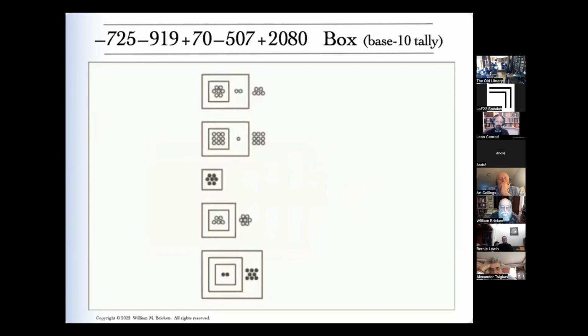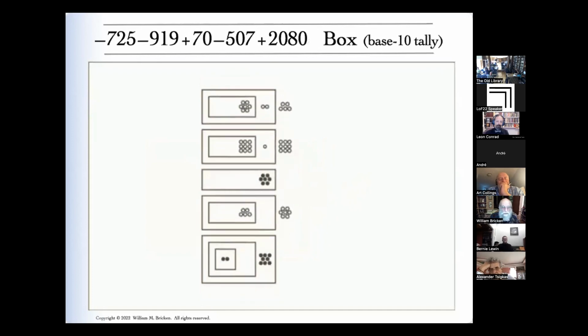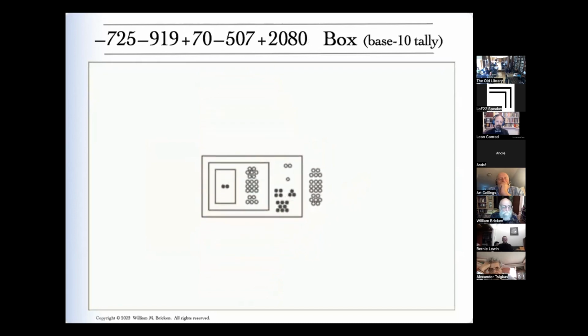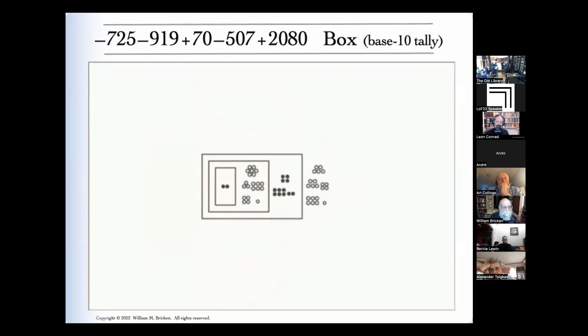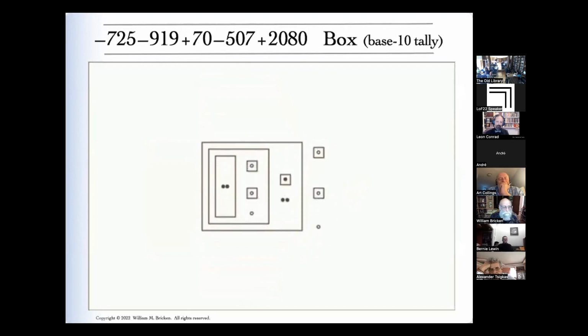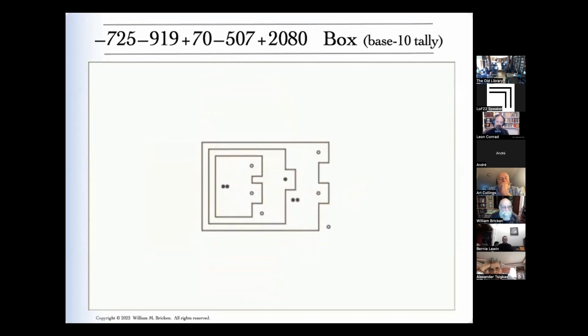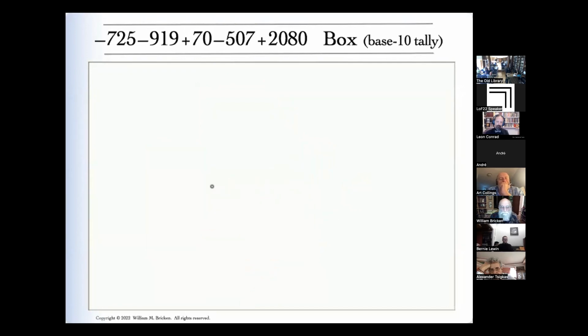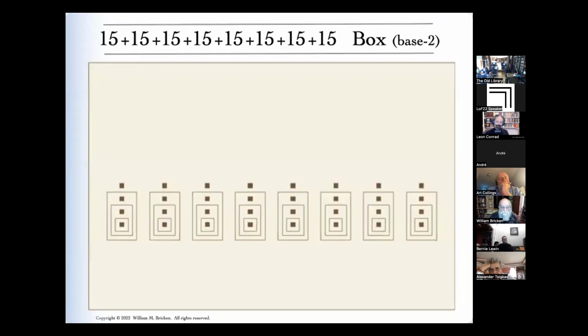And here's a bunch of positive and negative tallies added together. Lots of parallel activity here. It turns out there's only one left. And finally, here's base 2 addition.